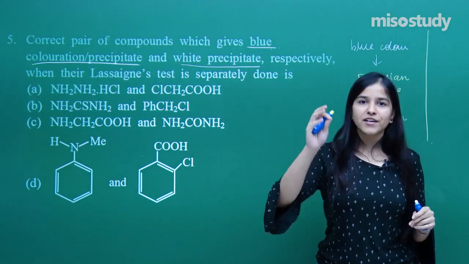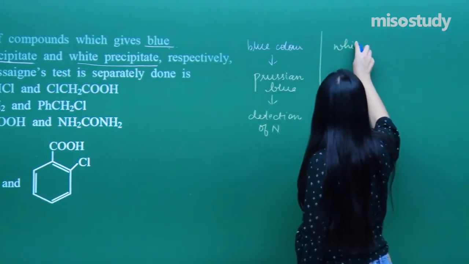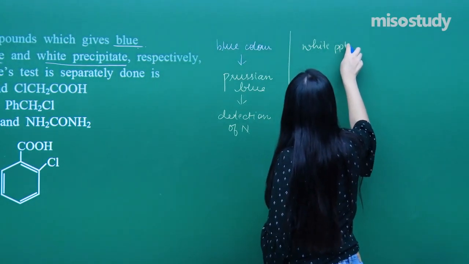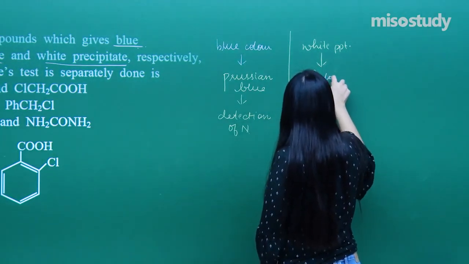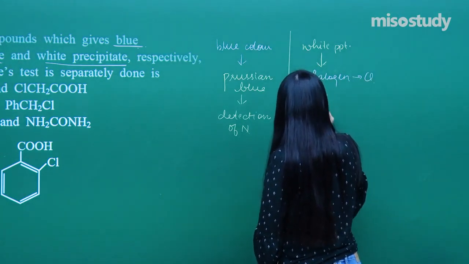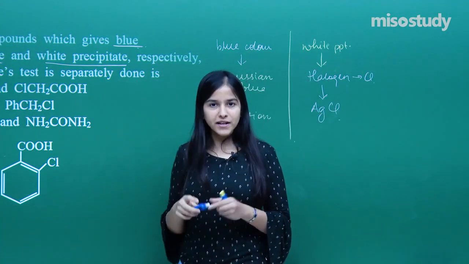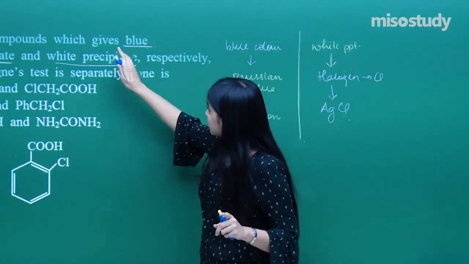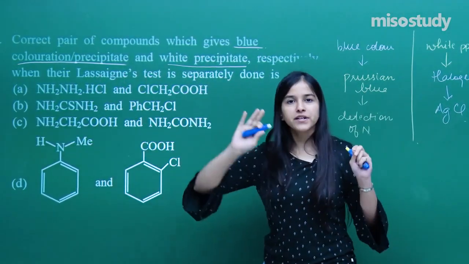That is for silver chloride, so here it will be a white PPT. We get it for the halogens, to be very precise chlorine, and that too AgCl. So, we need chlorine in the second compound, and in the first one I need nitrogen and carbon.